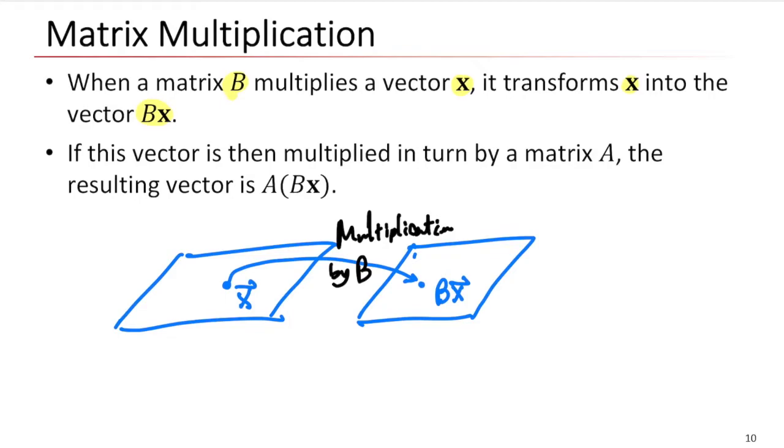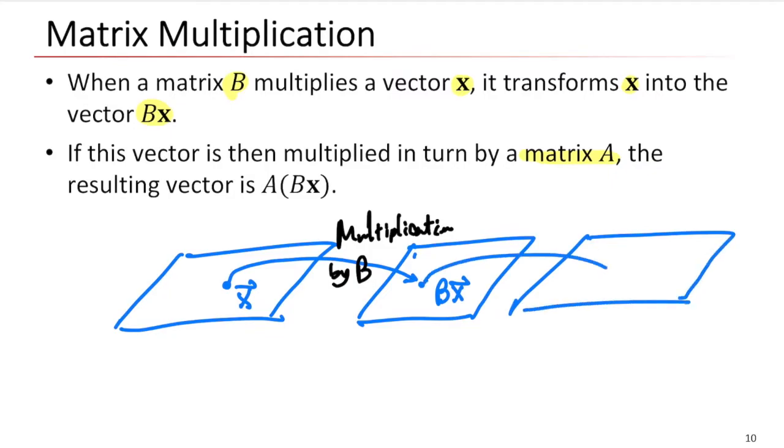Then if this vector is multiplied by another matrix A, let's say there is another space here, and this point multiplied by A will be the A times Bx point, right?